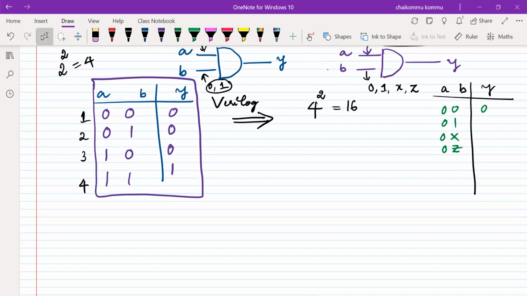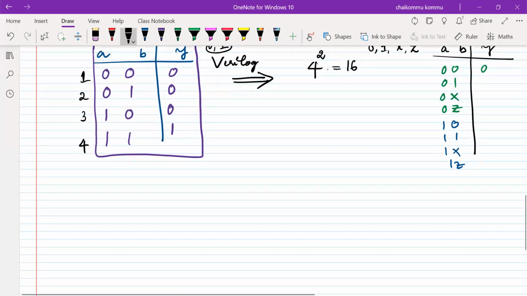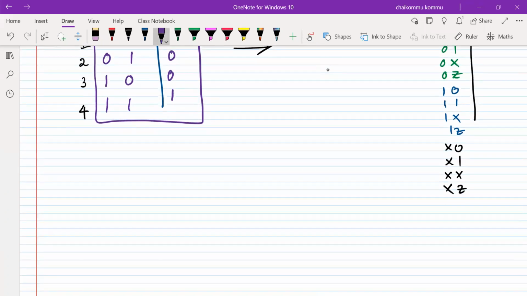Is it clear to all of you? 1 0, 1 1, 1 X, 1 Z. Another possibility is X0, X1, XX, XZ. Another possibility is Z0, Z1, ZX, ZZ. So this is the possibility.